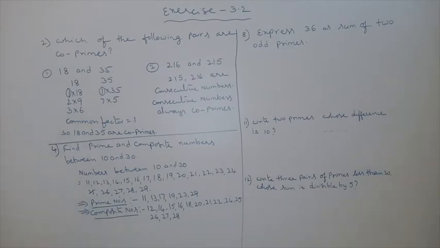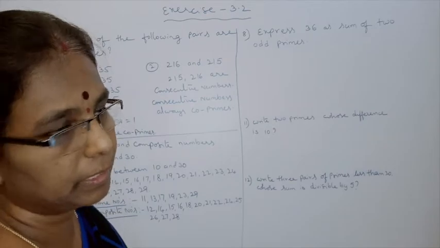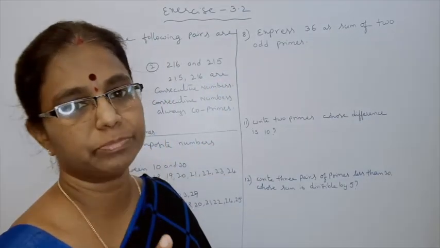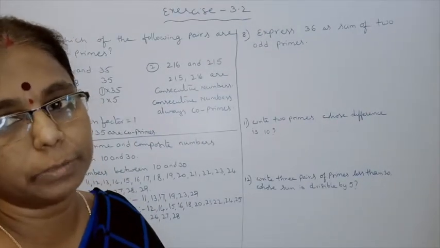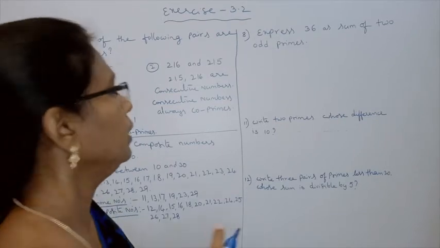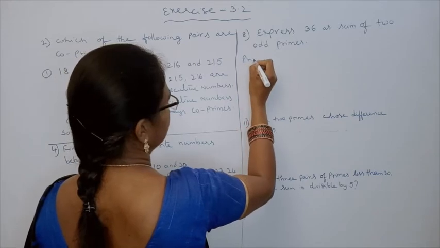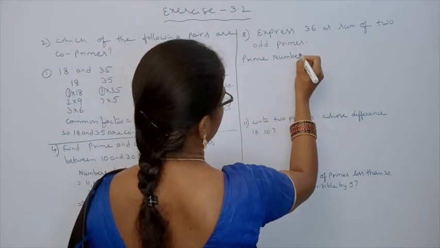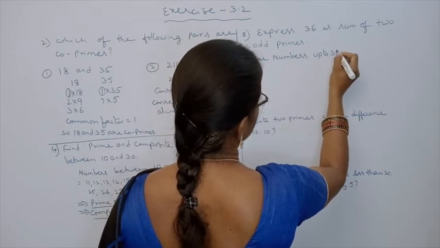Next. Express 36 as the sum of two odd primes. Among primes, there is only one even prime, that is 2. The remaining are all odd numbers. Now for 36, first we have to write the prime numbers up to 36.